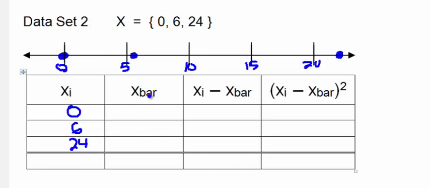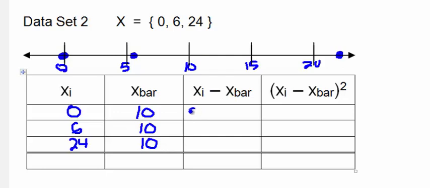To compute x bar, we add up the 3 values, 0 plus 6 plus 24 is 30, and divide by how many we have, 3. That gives us a mean of 10. So x bar is 10. So the center, based upon the mean of this data set, is 10. Now, to compute the standard deviation, we need to compute the deviations away from the mean.